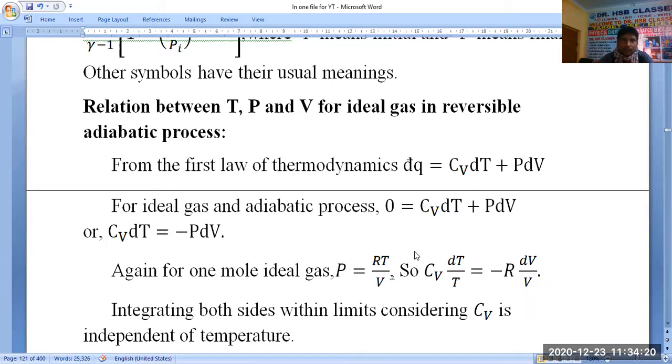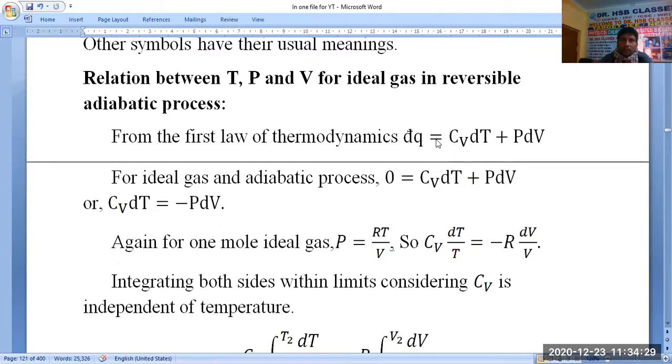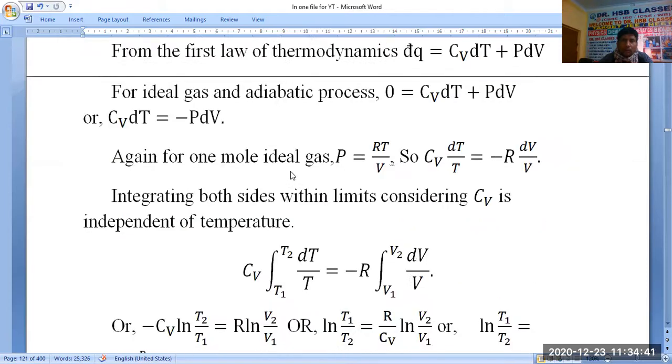Relation between temperature, pressure and volume for an ideal gas in a reversible adiabatic process. Again, we know from the first law of thermodynamics, dq equals Cv dT plus P dV. For ideal gas and adiabatic process, dq equals 0, so Cv dT plus P dV equals 0. Then Cv dT equals minus P dV.